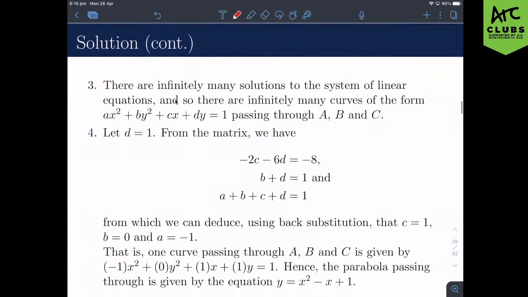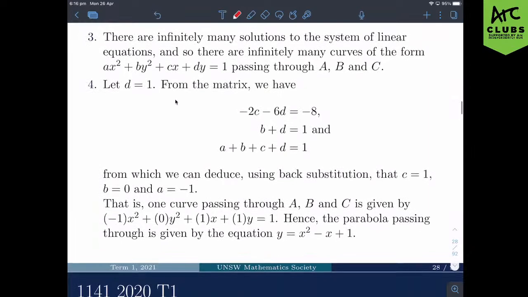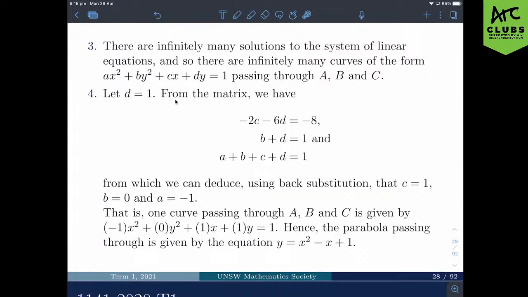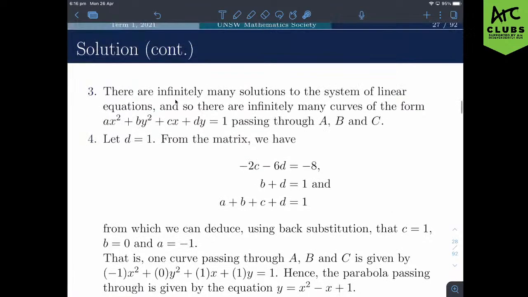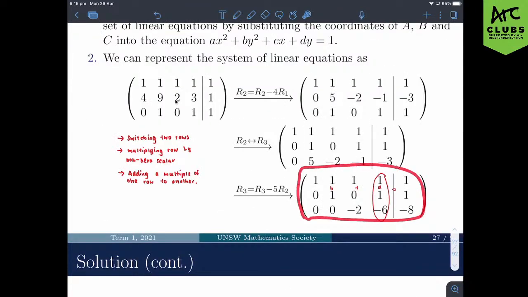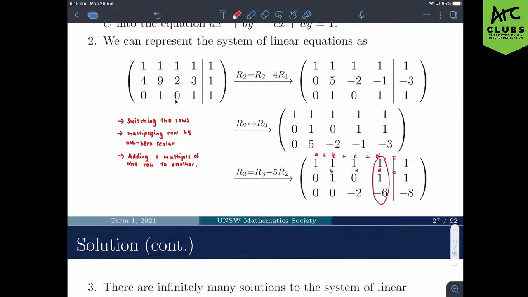So as I explained above, we let d equal 1. And from this matrix in row echelon form, we have a plus b plus c plus d equals 1, and minus 2c minus 6d equals minus 8.